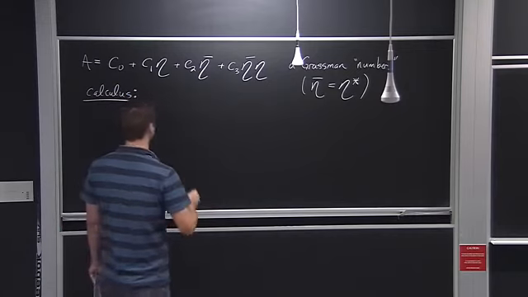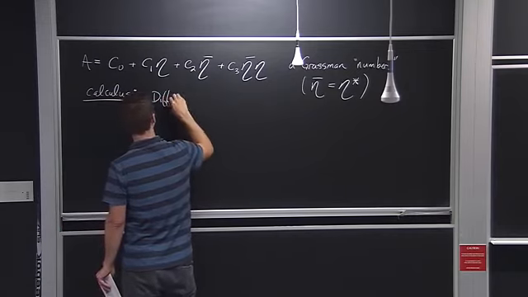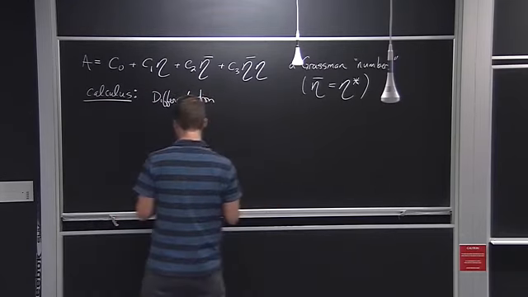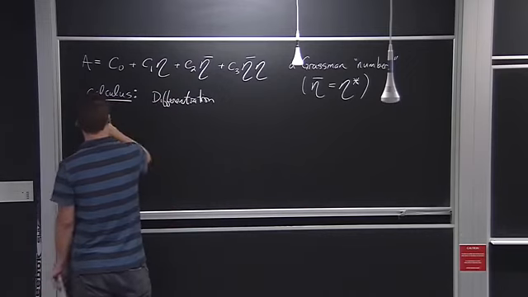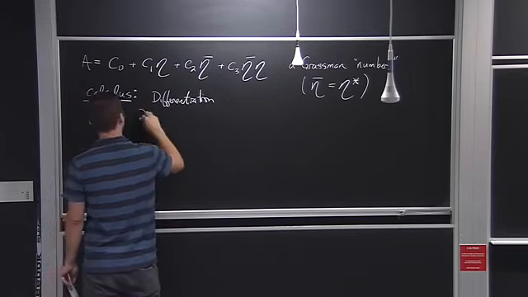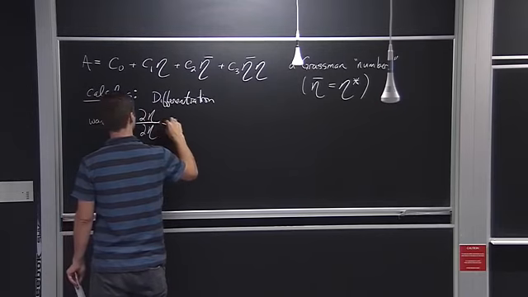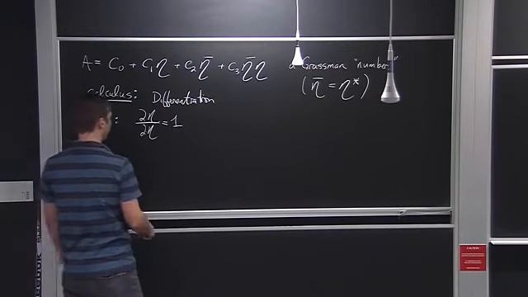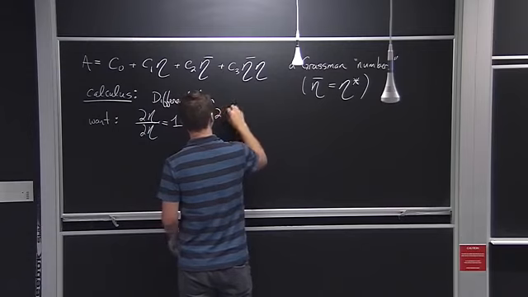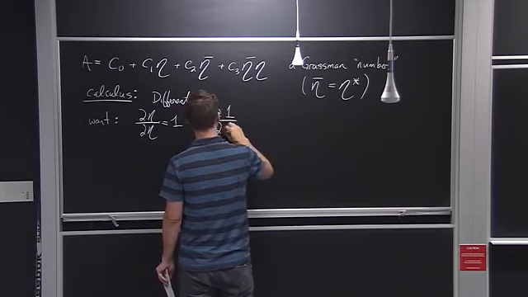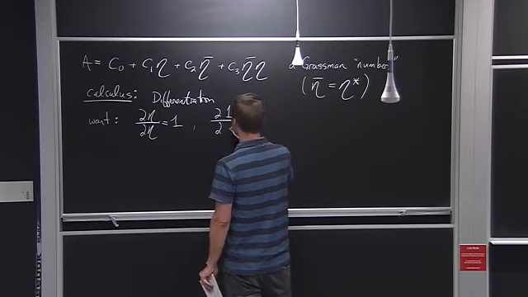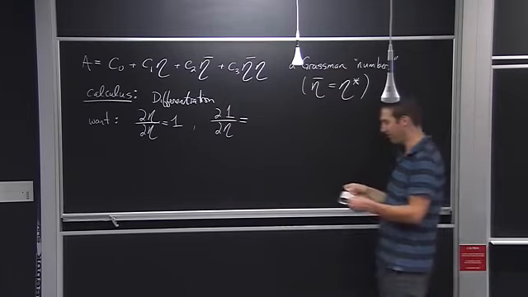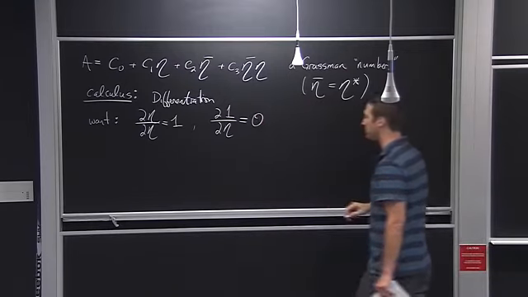So differentiation first. Basically what you want is a definition of a derivative that makes sense. So if you take a derivative of a Grassmann variable with respect to itself, you get unity, and if you have a scalar or unity, that gives you 0.